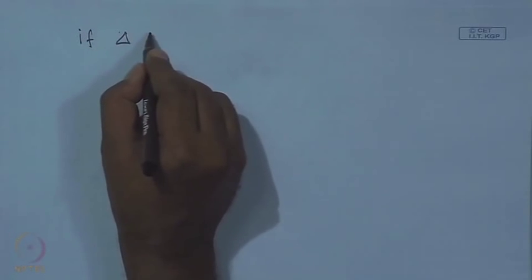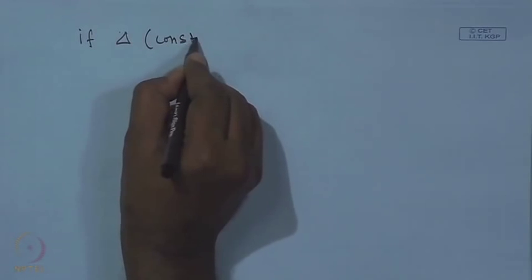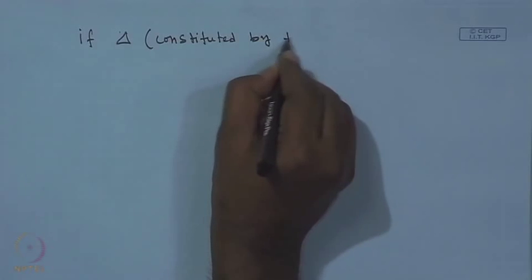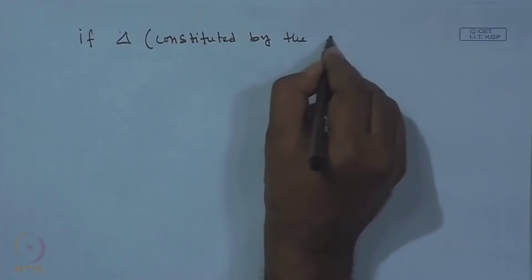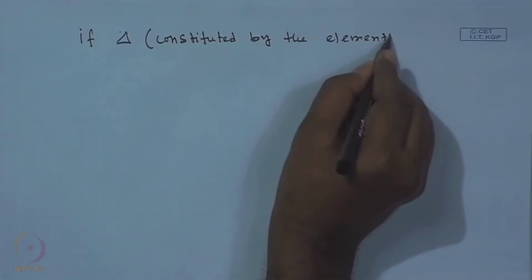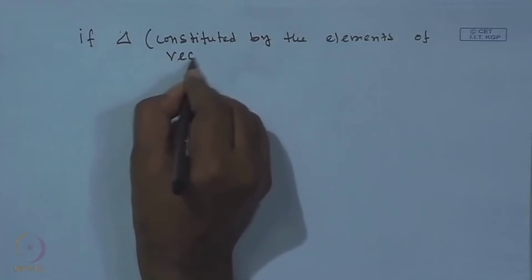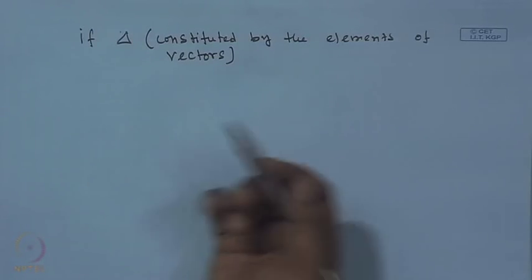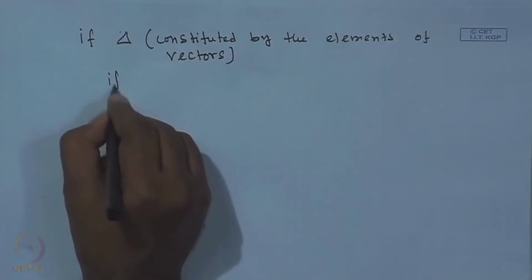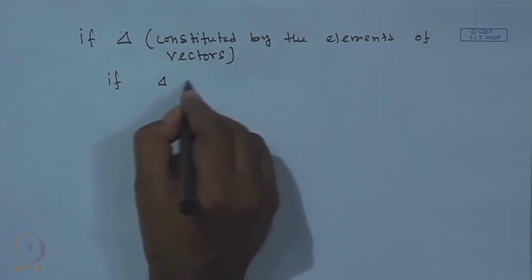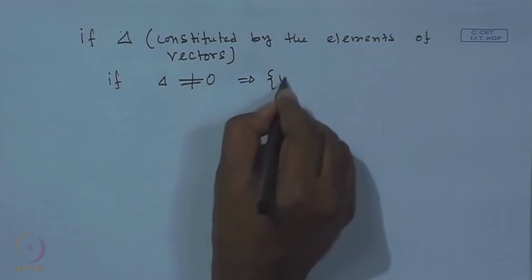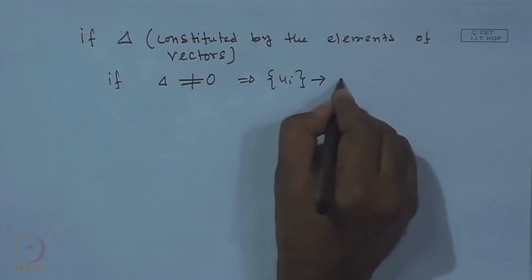The determinant is basically constituted by the elements of the vectors. Now, if the determinant is not equal to 0, then the vectors constitute an independent set.